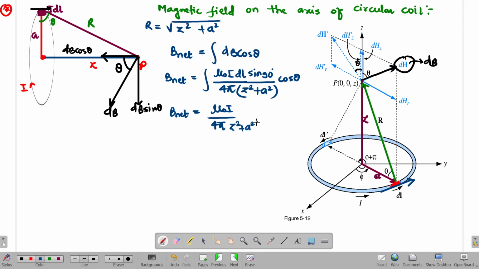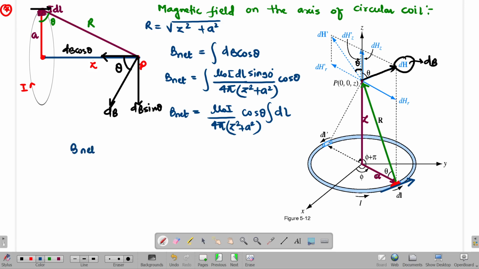Even cos theta is fixed, theta is also fixed, because it is a ring element. So every time I'll get the same theta. Integral dl. Are you able to get me or not? So what is integral dl?